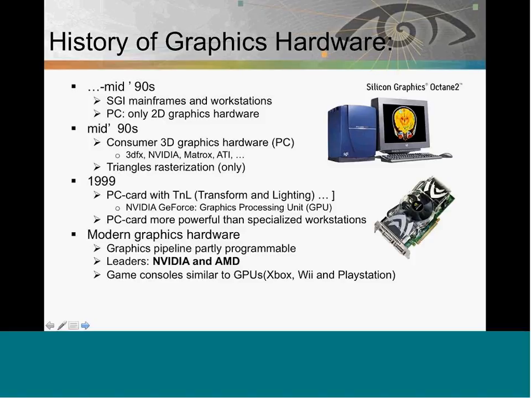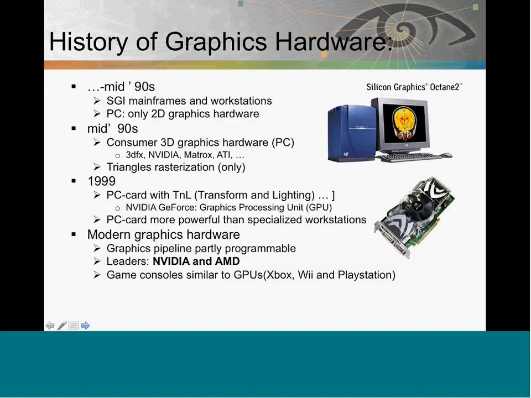In the 1990s, they had mainframes and workstations actually designed for graphics and visualization. And we had some PCs which only supported 2D graphical display. In the mid-90s, companies like Matrox and ATI came up with 3D graphics hardware, but it was still very specialized personal computer hardware. They came up with the card you see on the right-hand side, maybe twice the size of your credit card.